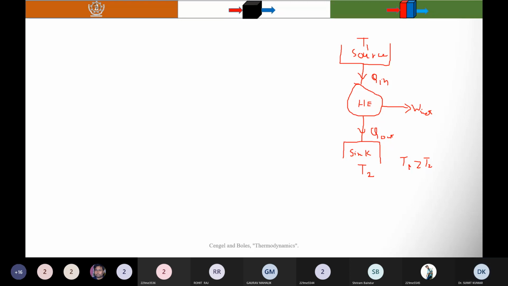This source and sink are hypothetical bodies having very large thermal energy capacity. When I talk about very large thermal energy capacity, I am talking about m times Cp, where Cp is the specific heat.